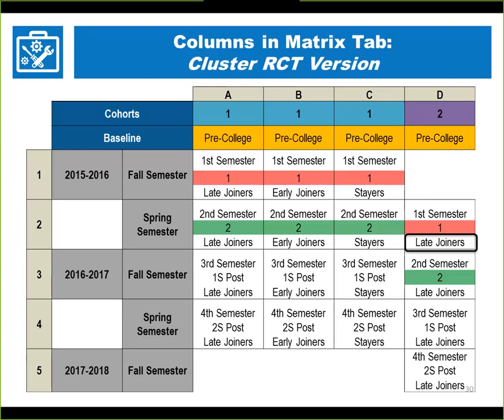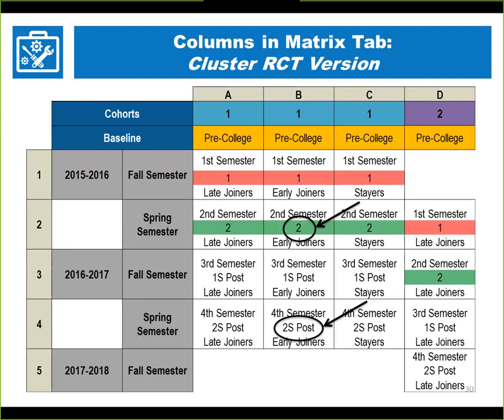Apart from distinguishing student status as stayers, early joiners, or late joiners, the layout of the cluster RCT matrix is the same as the general version of the tool. In the cluster RCT version, the cells in each column include the same information previously described for the general version about grade level and about amount of exposure to the intervention or post-intervention follow-up.